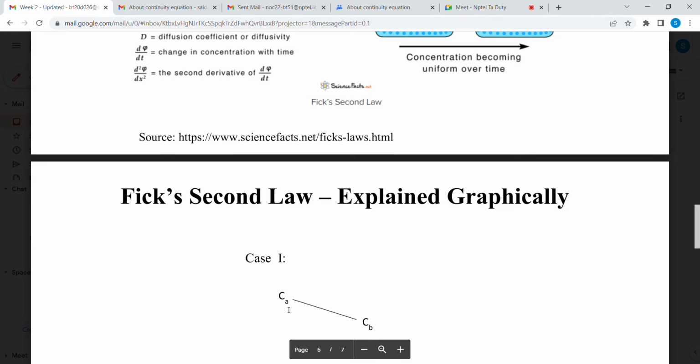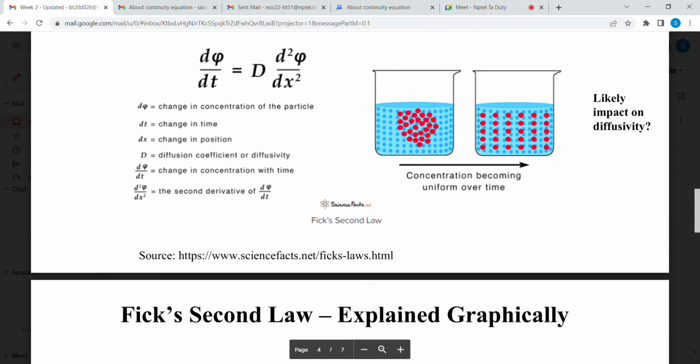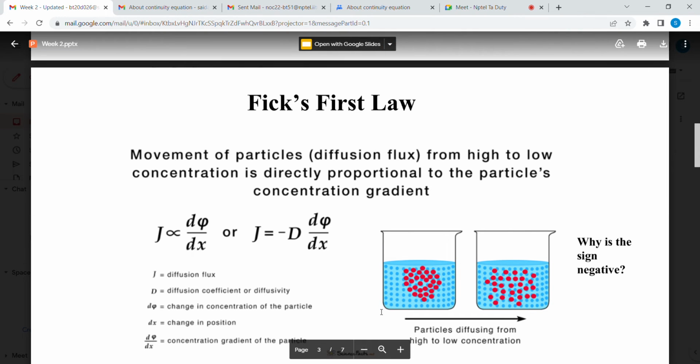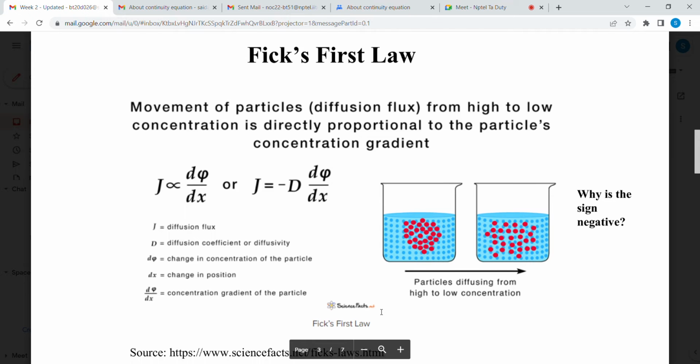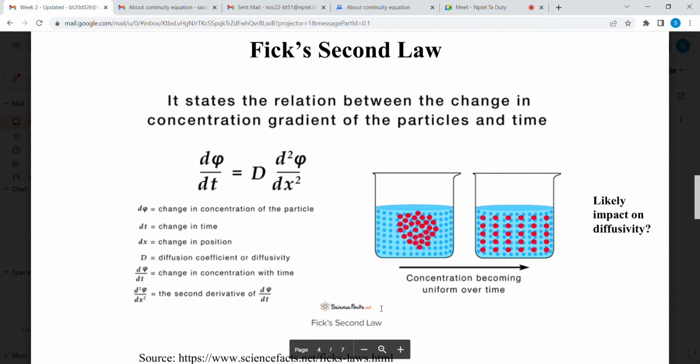So I'm repeating it again. If you increase the concentration of the ink drop here, the diffusional flux towards the point CB will increase. This is what Fick's first law says. It's very simple. If you had followed my line of thought, you take this equation, and these slides will be available for you.